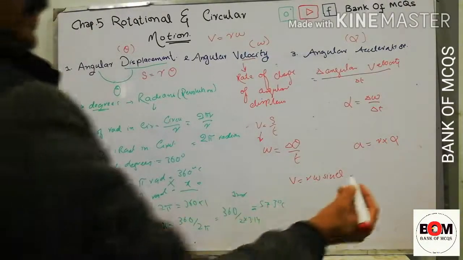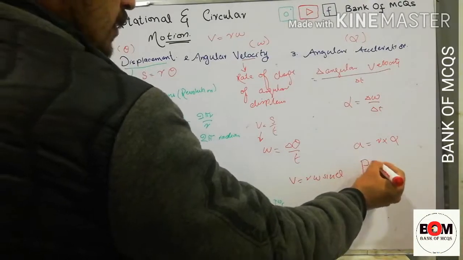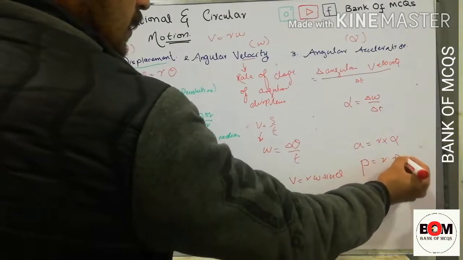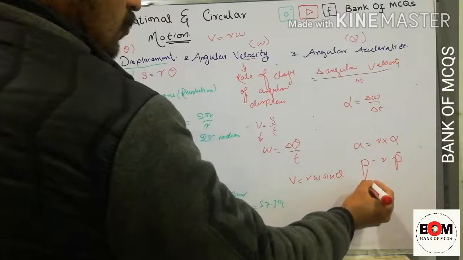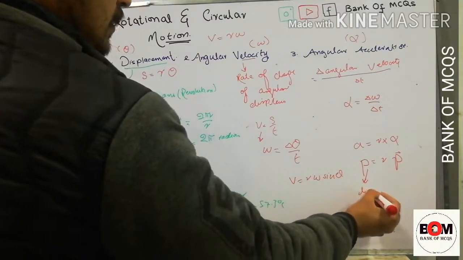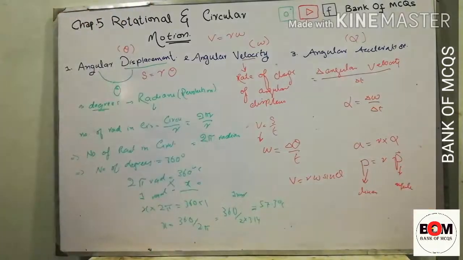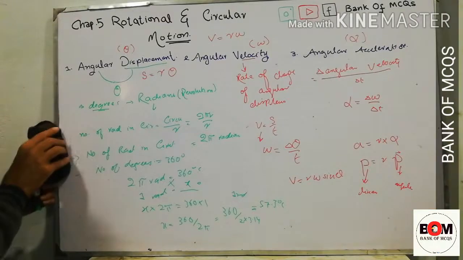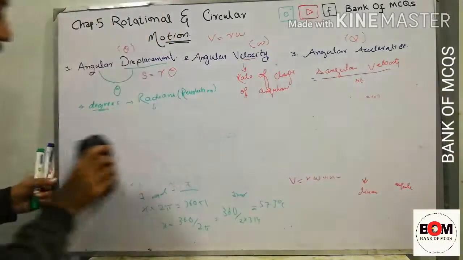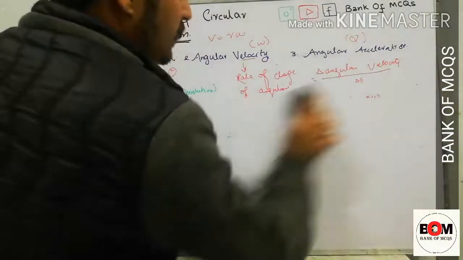In this way, linear momentum is equal to radius multiplied by angular momentum.